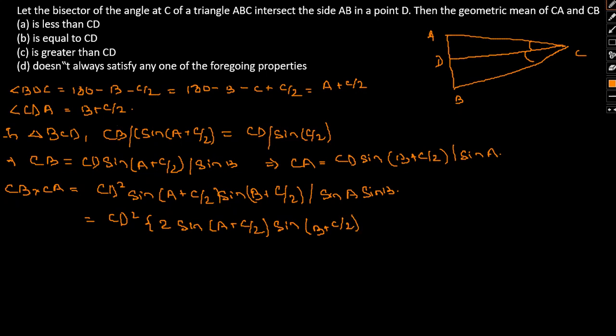So this can be written as 2 sine A sine B. We multiplied and divided by 2 in both numerator and denominator.